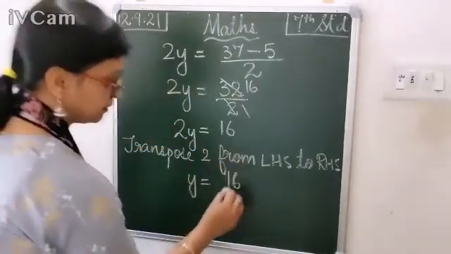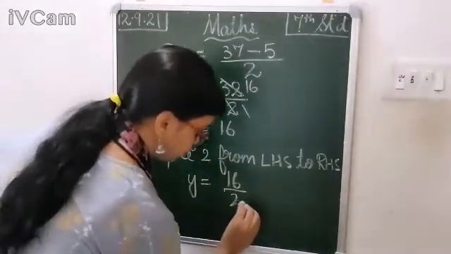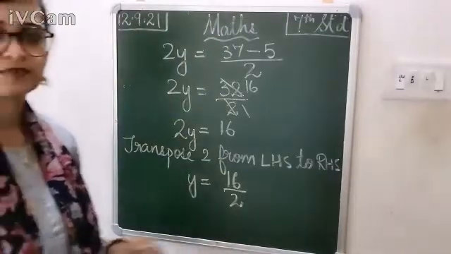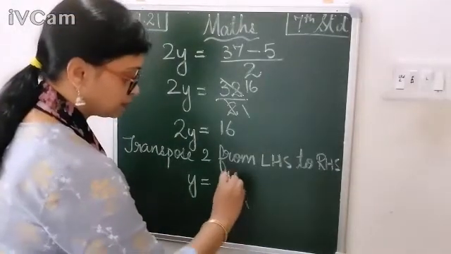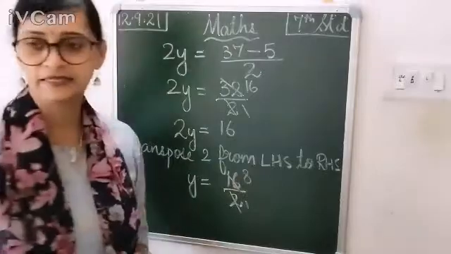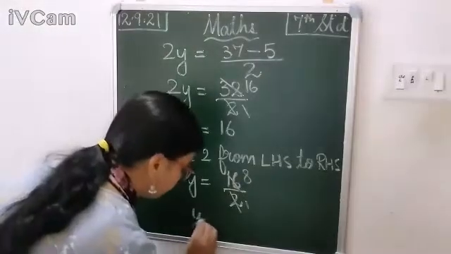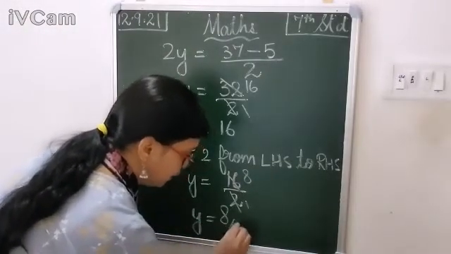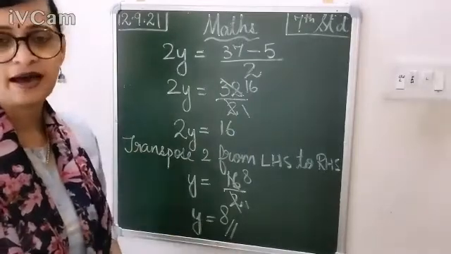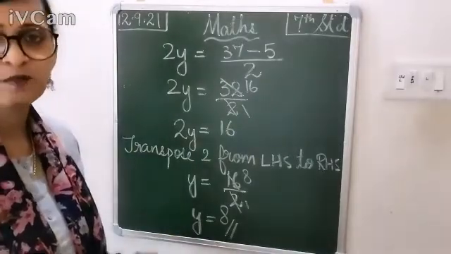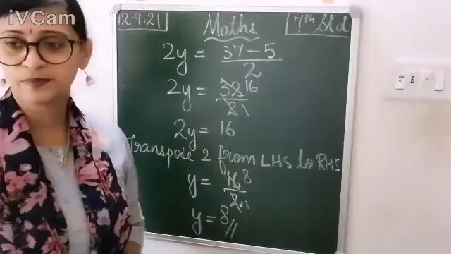When 2 comes this side, it will come to the denominator, which is divided by 2. Now simplify this. 2 1s are 2, 2 8s are 16. So your value of y is equal to 8. This is your answer. Hope all of you have understood this sum.